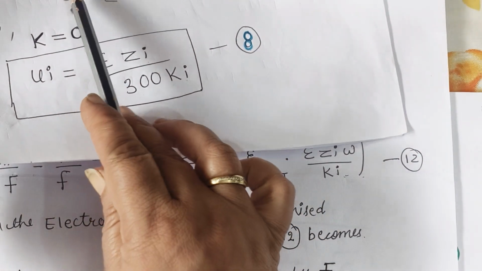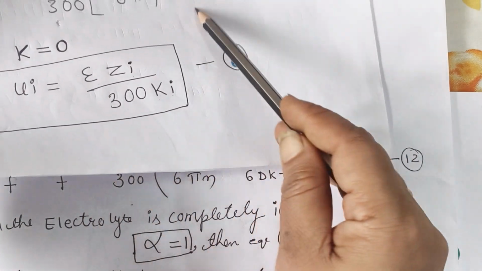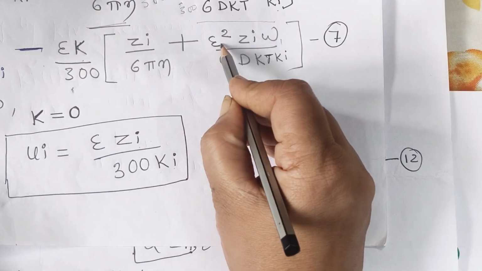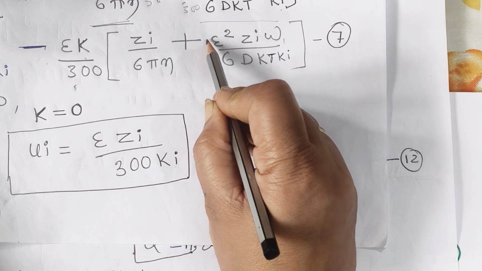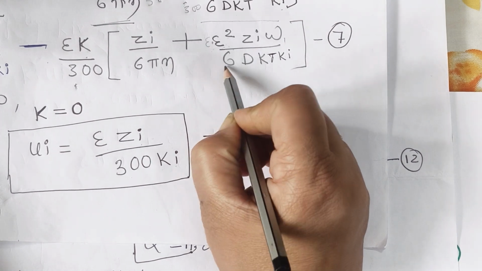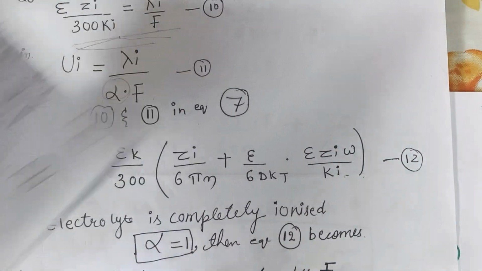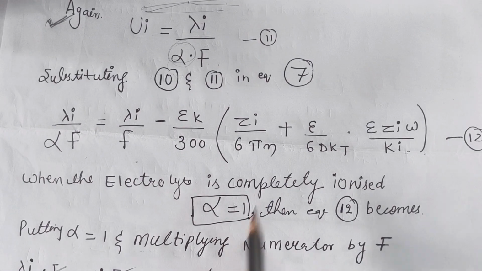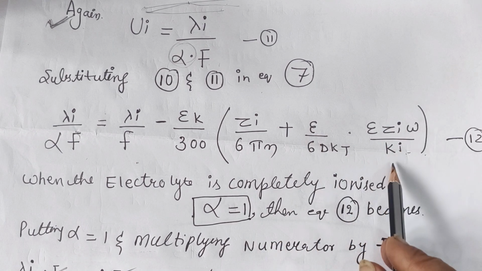The other part is minus epsilon k by 300 into zi by 6 pi eta plus epsilon square. Now this is the time where you can break it into two terms. Epsilon square you will write two times, epsilon by 6 dkt, and one epsilon you can write with the zi. We will just open it like this. So we will have epsilon by dkt into epsilon zi w by ki.